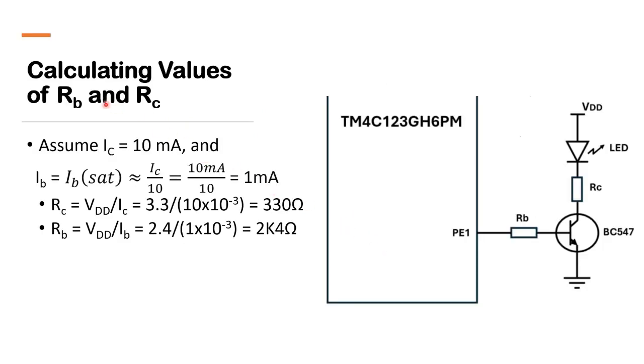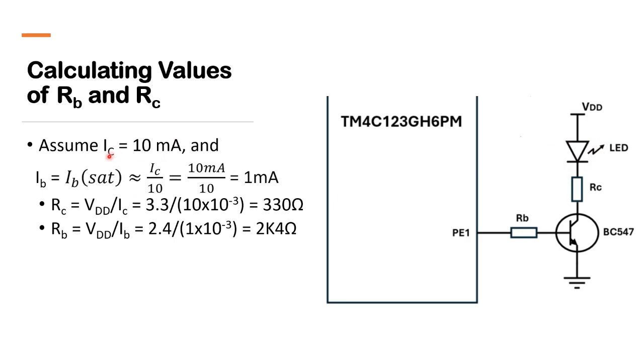Now, let's look at how we could calculate the value RB and RC. So first thing is we assume IC, the current flowing through the collector, is 10 milliamp. 10 milliamp is adequate to turn the LED on.